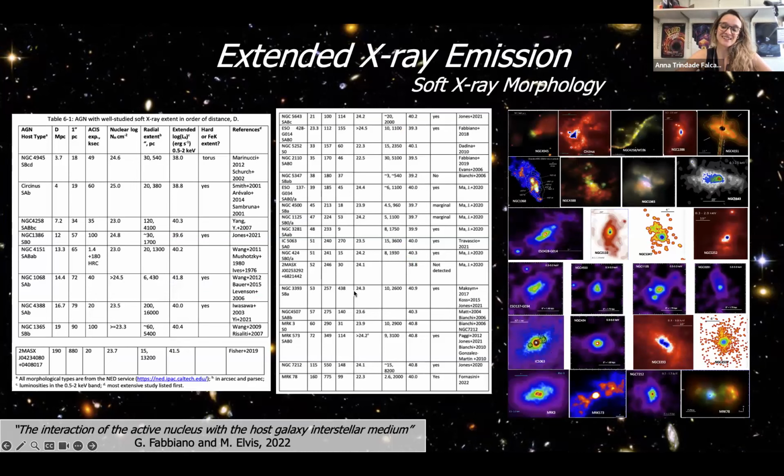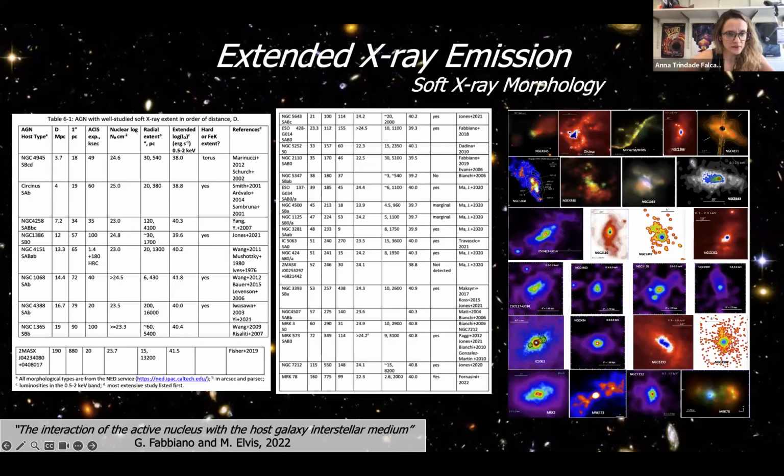This is a table extracted exactly as it is from this review paper, and it shows the 27 nearby Seyferts, at the time of writing, where we studied soft X-ray extent in high-resolution Chandra ACIS-I and ACIS-S.